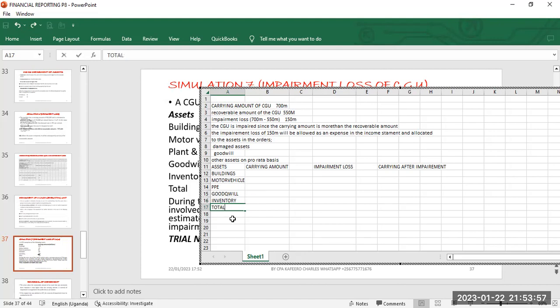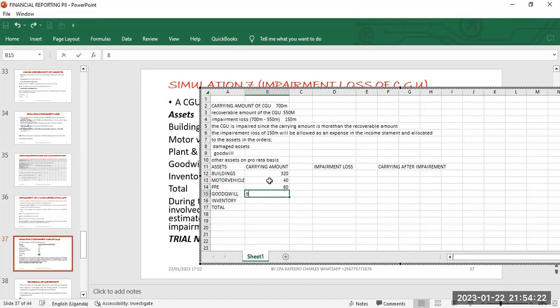The carrying amount for buildings, they gave us 320 million. We are going to be using millions for all the figures. This one is 40. And plant and machinery, we have 60.